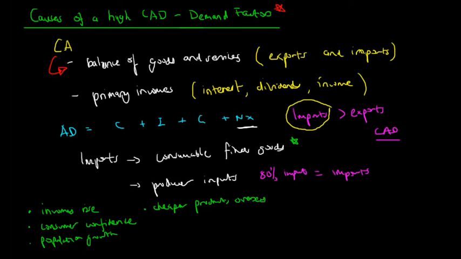Now let's look at why producers produce more. And these are stock standard supply side factors, but from a demand perspective from producers. So business confidence: if they expect to sell more, then they're going to purchase more inputs. So business confidence is another major demand side factor for imports.